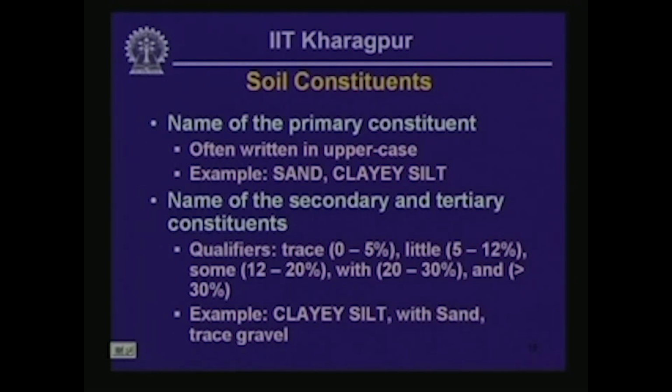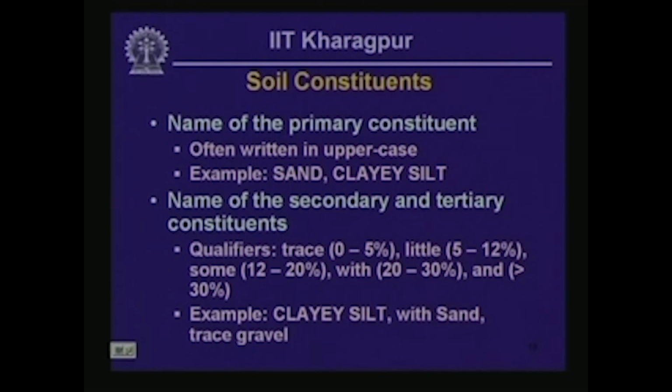Then finally, you have to name the soil constituent. Here you have to name the primary constituent of the soil, for example sand, clay or silt, and you also have to name the secondary or tertiary soil constituent. So here you use qualifiers such as trace, little, some, with, or and, and the percentage of the secondary or tertiary constituent meant by these qualifiers is indicated there.